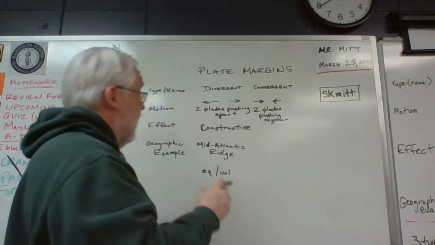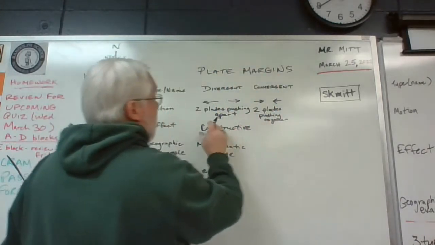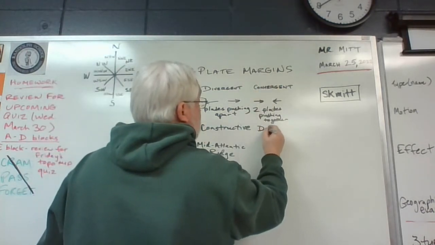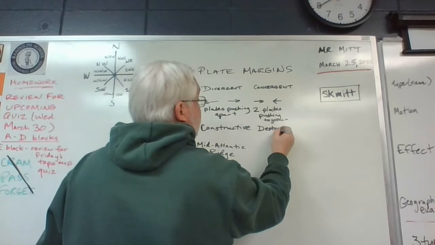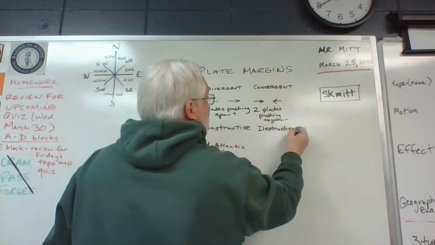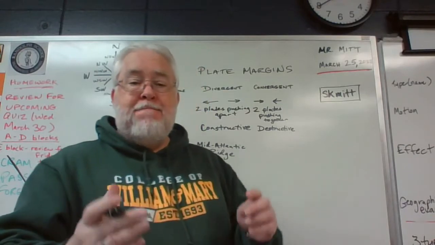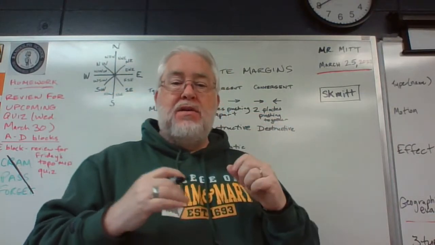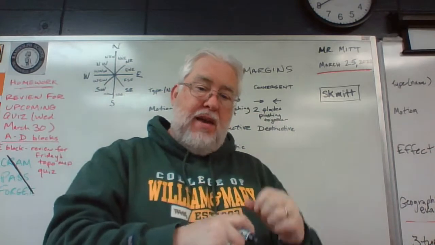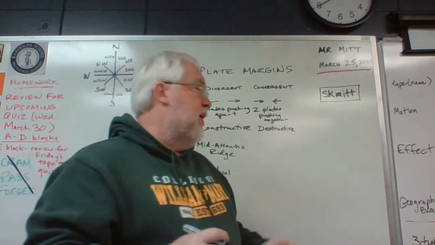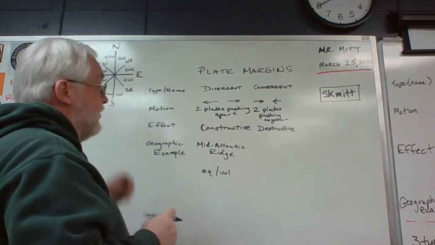And so instead of being a constructive margin, the convergent is a destructive margin. You actually have crust that's being destroyed because it's sort of being swallowed up, right? It's being swallowed up at that subduction zone. The oceanic material goes down beneath the continental, melts, comes up, and produces volcanic mountains.